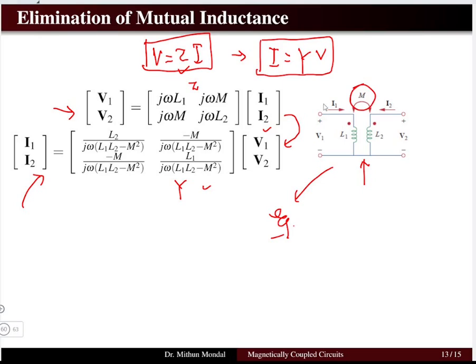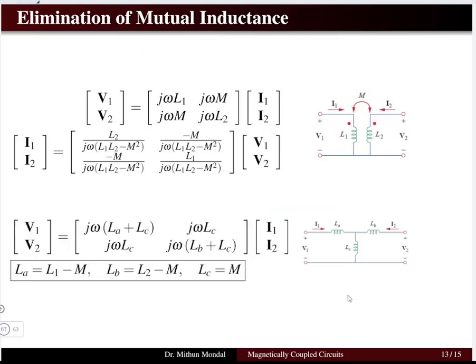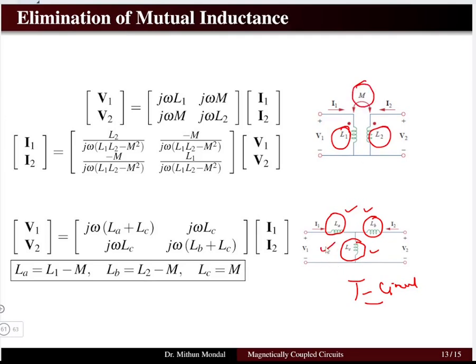So we are going to see two different circuits. The first circuit is a T circuit where we want to determine the values of the inductors LA, LB and LC, so that the circuit looks like a T circuit, and we want to determine these values of LA, LB and LC in terms of L1, L2 and M, so that we get one circuit without mutual coupling.